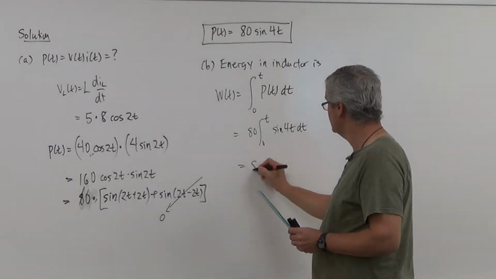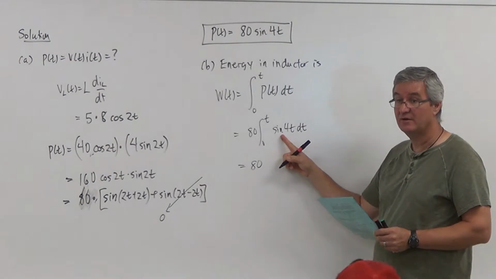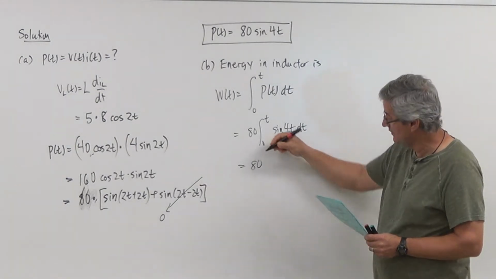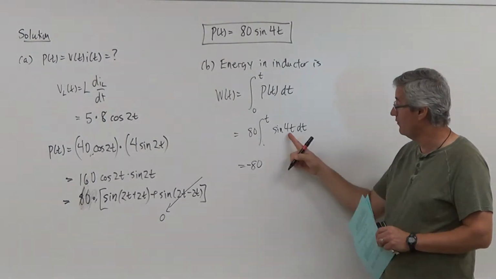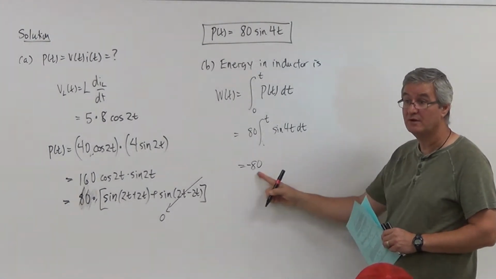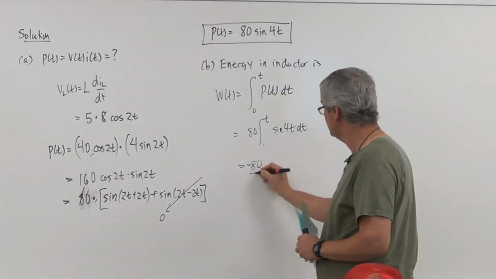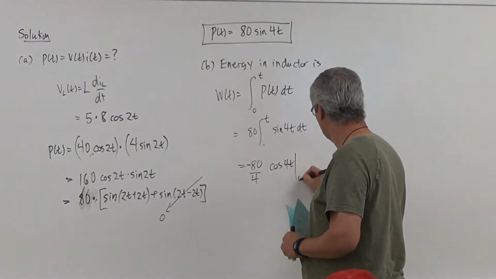So if I do the opposite of the antiderivative of sine, I should get what? A minus sign. Now if I do some substitution, you see that I'm going to get that 4 divided by this guy. So I should get 4, and I should get cosine of 4t from 0 to t.